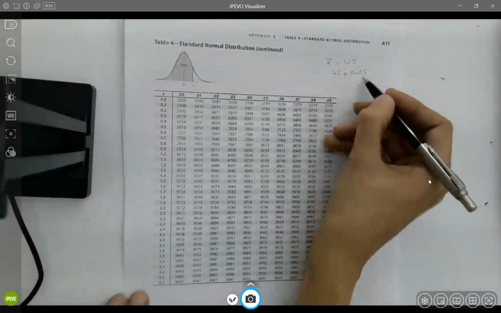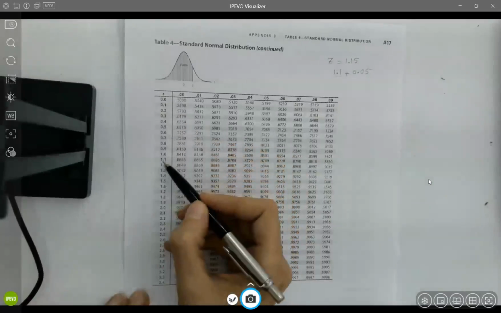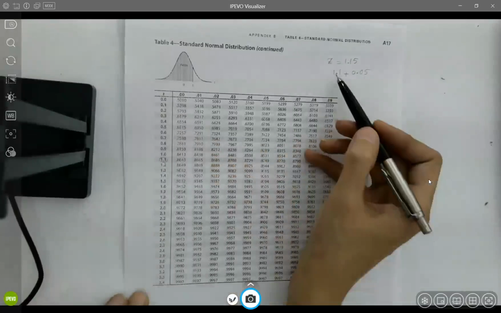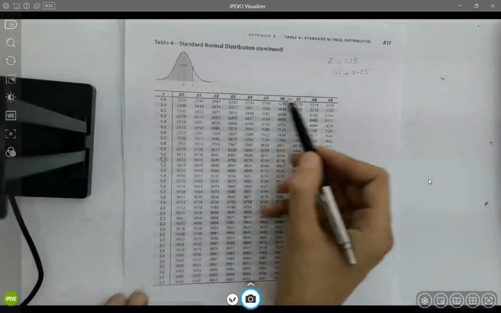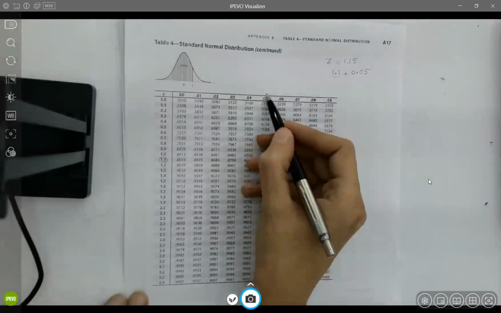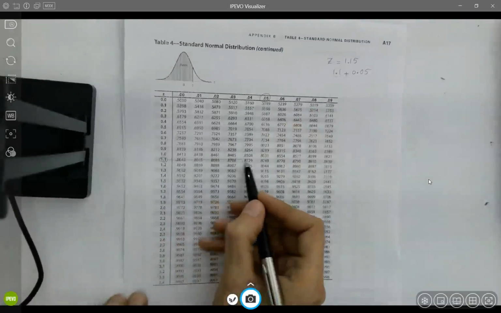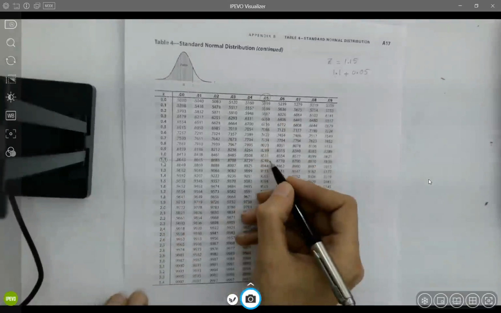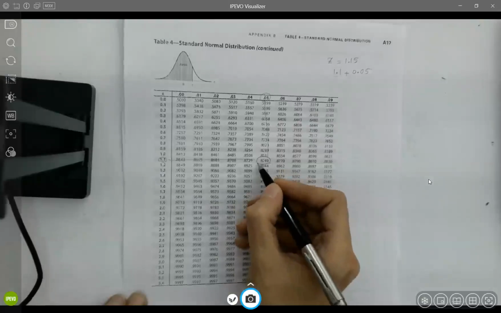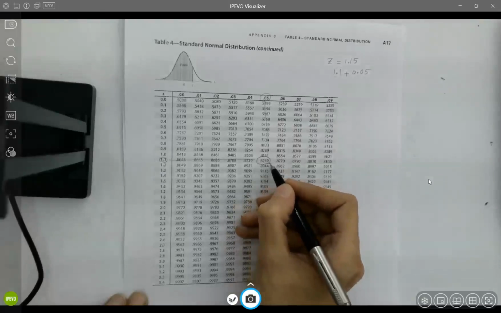On the first column, we have to find 1.1, and on the first row, we need to find 0.05 and find the intersection between these two, and it gives you 0.8749.